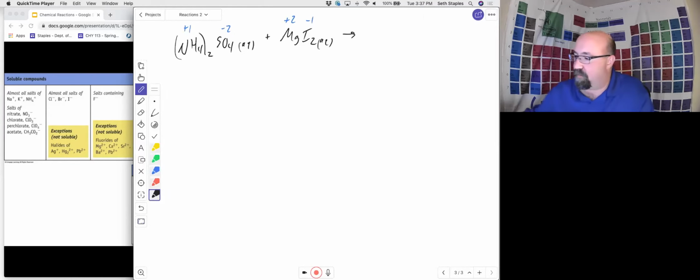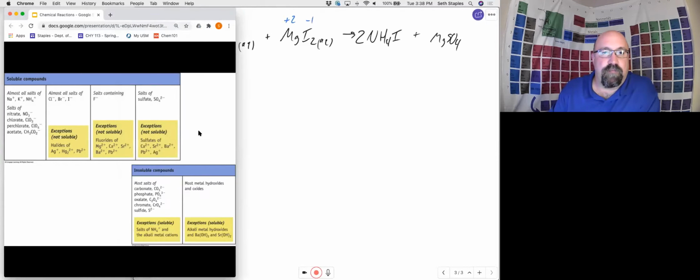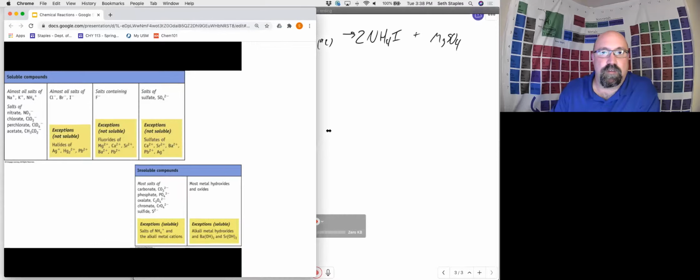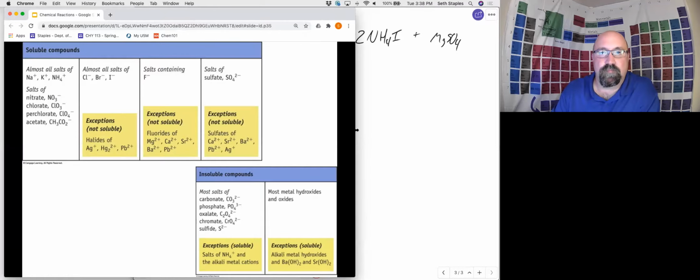So one of our combinations is going to be ammonium iodide, NH4I. Another combination, magnesium sulfate, MgSO4. And then we finally need to balance, and we can do that by just putting a 2 right in front here. And so now we want to look and see if our products are soluble or not.